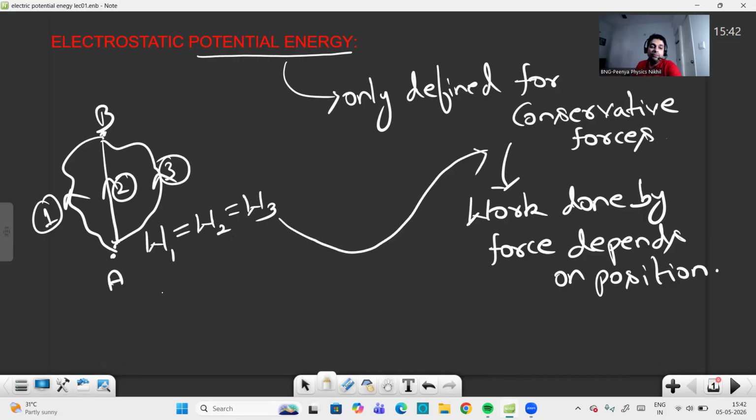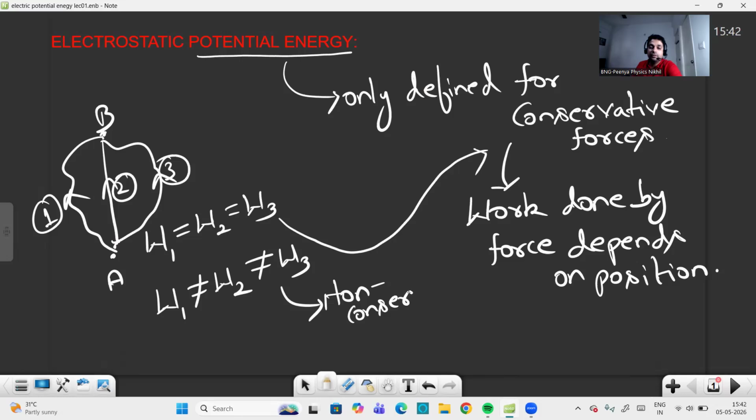But if W1, the work done by path 1, is not equal to the work done by path 2, is not equal to the work done by path 3, then this is the case of a non-conservative force.